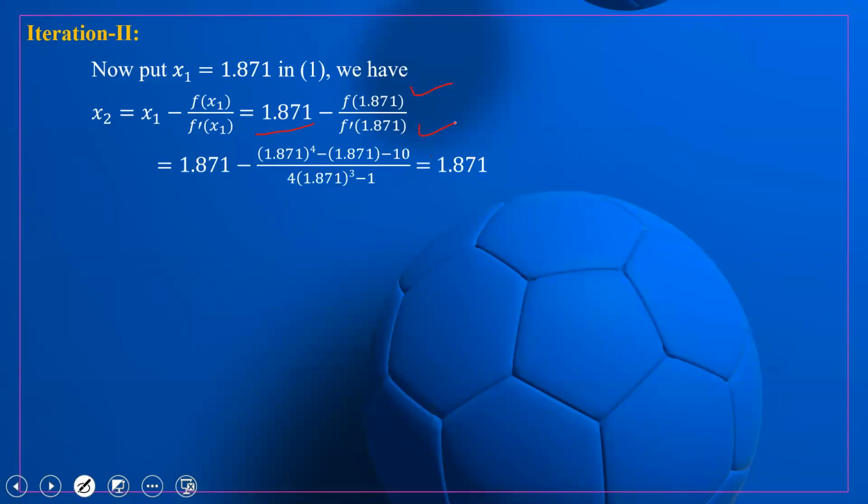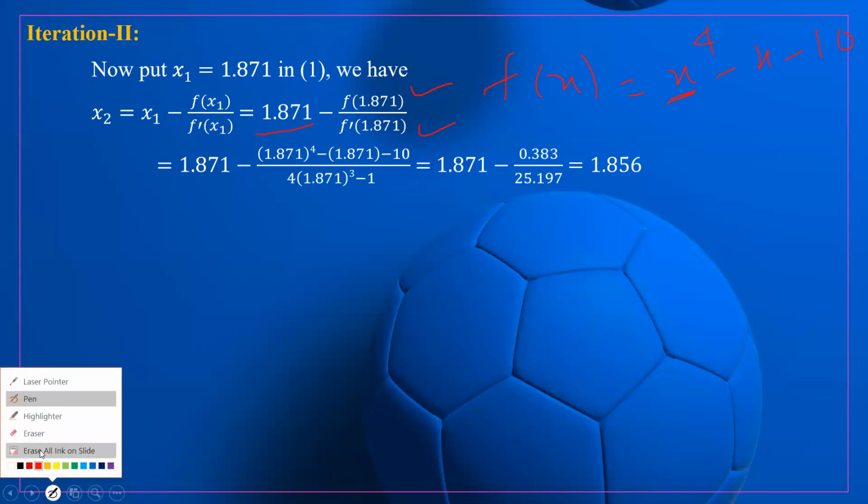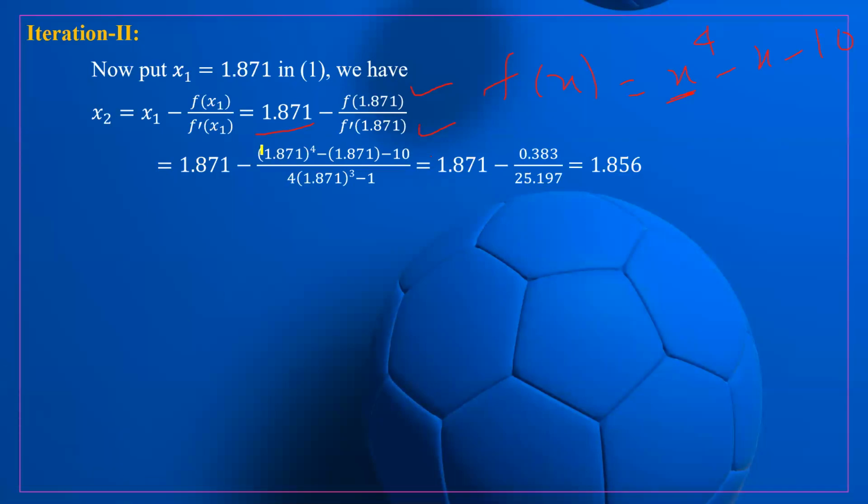Again we simplify. What is the value of f of x? f of x is equal to x to the power 4 minus x minus 10. So with x equal to 1.871, it is 1.871 to the power 4 minus 1.871 minus 10, divided by 4 times, what is f dash of x? f dash of x is equal to 4x cube minus 1.